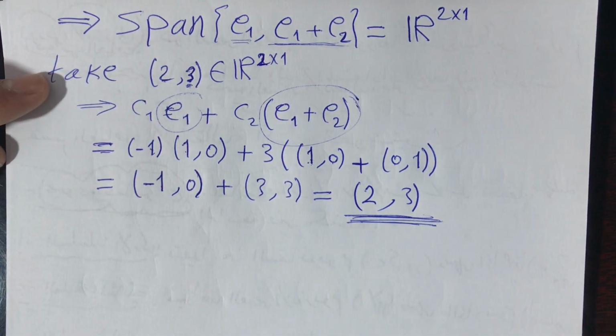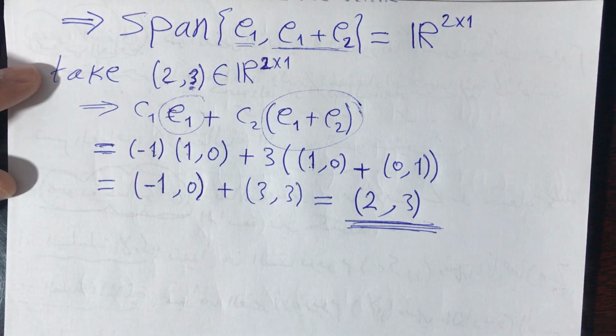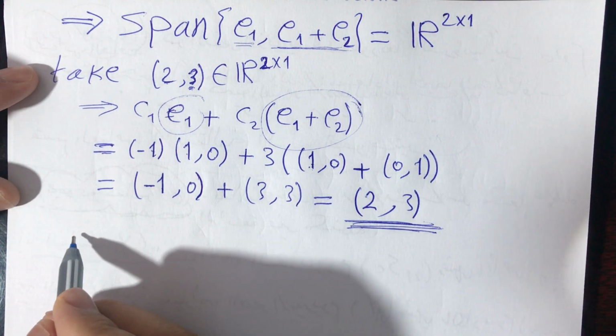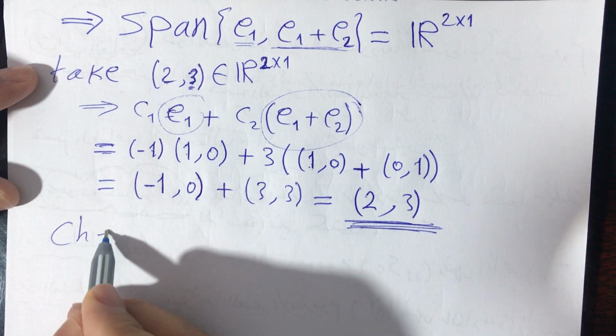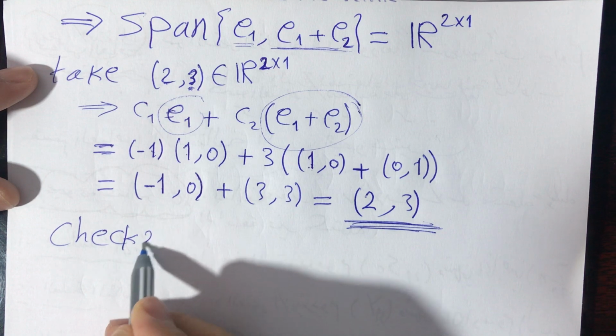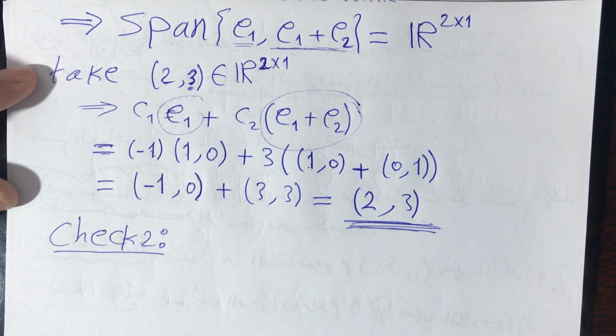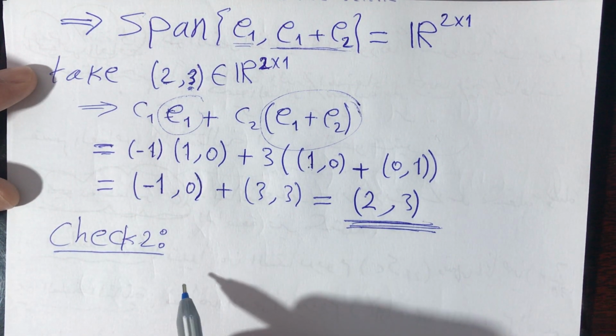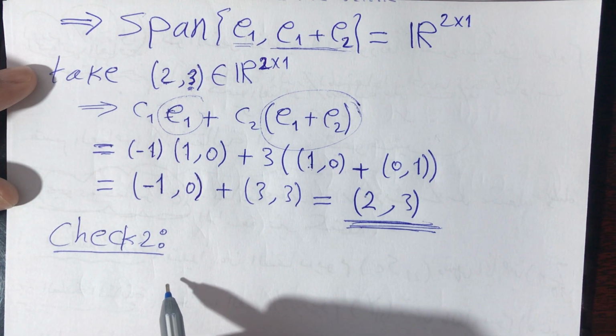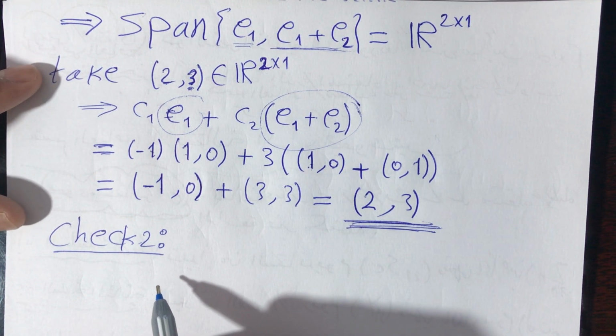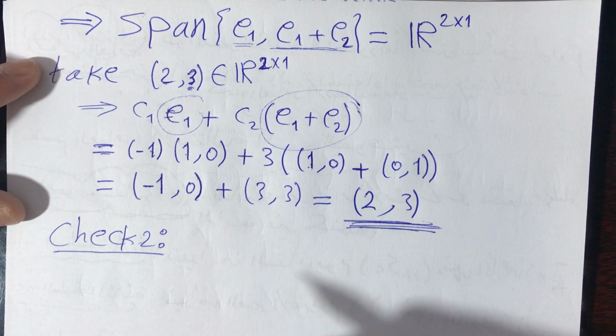Now I have to show that this set is linearly independent. Check the second condition. I know from the previous lecture how to check that the set is linearly independent.